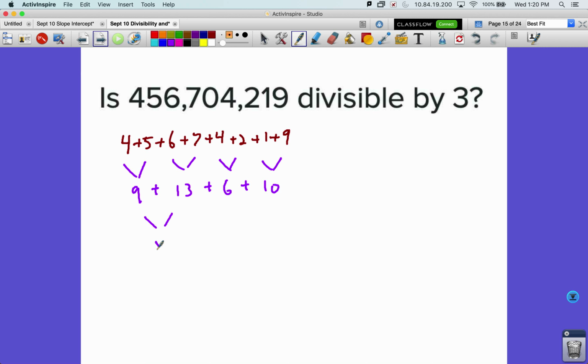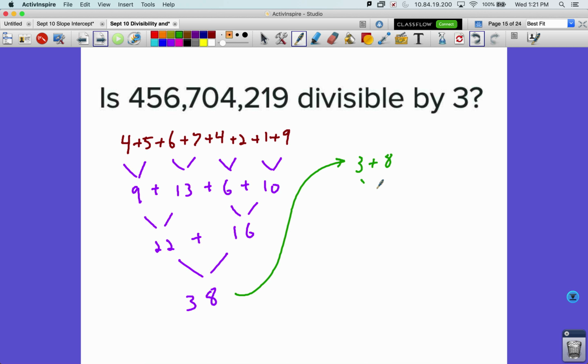Pair them off again. 22 plus 16. Still not sure. Add them together again. We get 38. And this doesn't look like it's divisible by 3, but we can run the same system again. Do 3 plus 8. Add them together, we get 11. So the answer is no, it's not divisible.